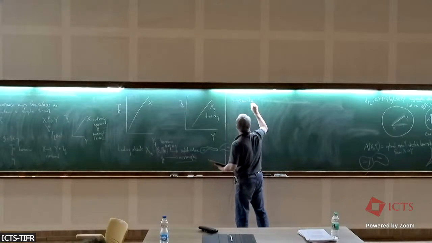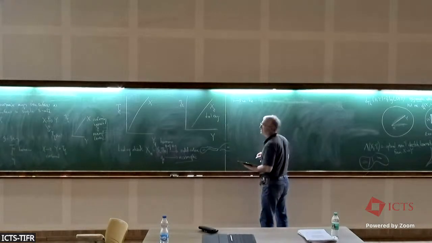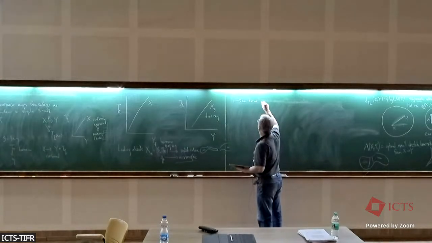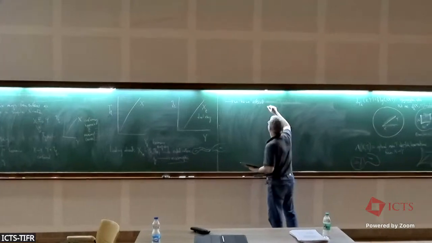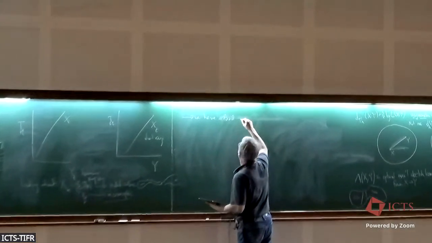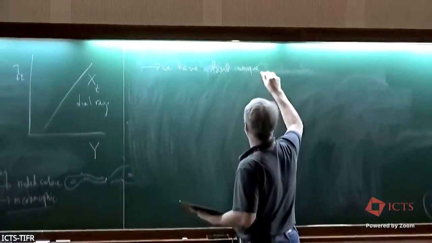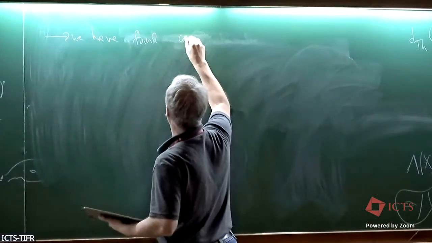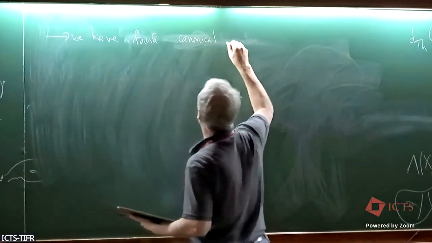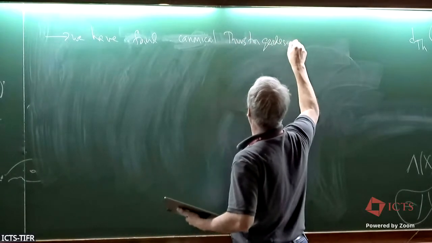So as Mahan managed to get out of me, grudgingly, we have found some unique, or canonical, maybe I'll say it this way, canonical Thurston geodesics.